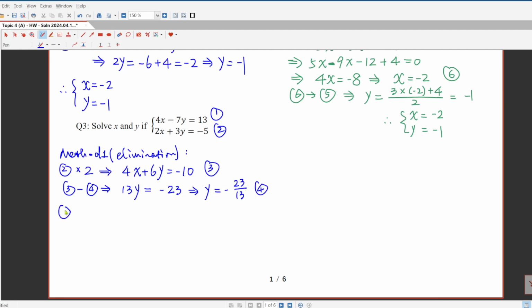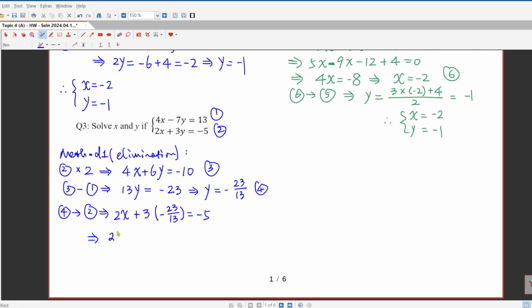And then you can put, sorry, this is not number 4, this should be number 1. Then put number 4 back into equation number 2, and we have 2x plus 3 times negative 23 over 13 equals negative 5. And we can multiply a 13 to both sides.